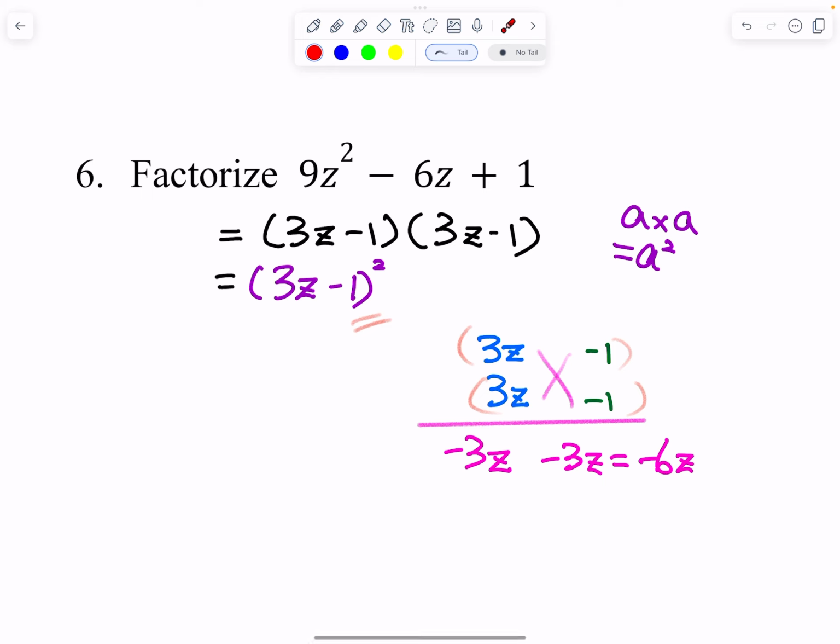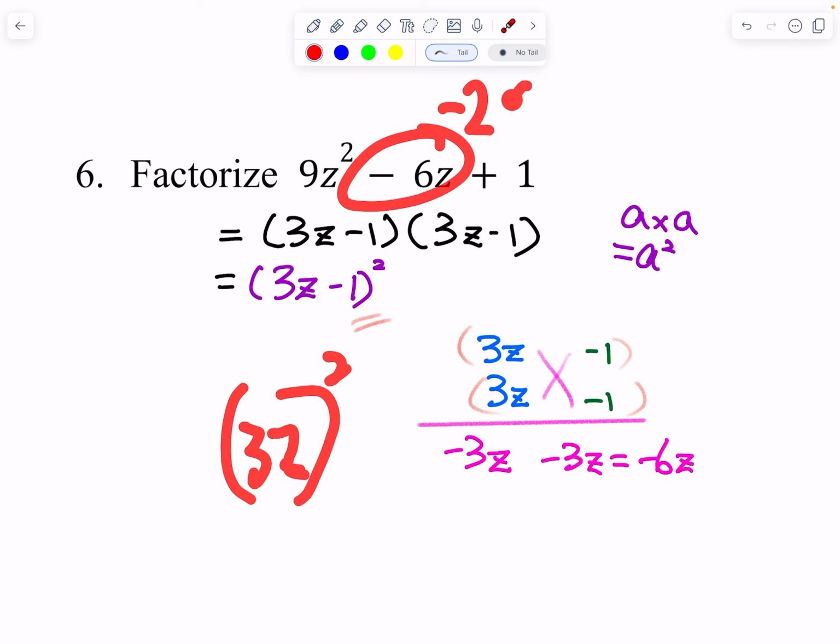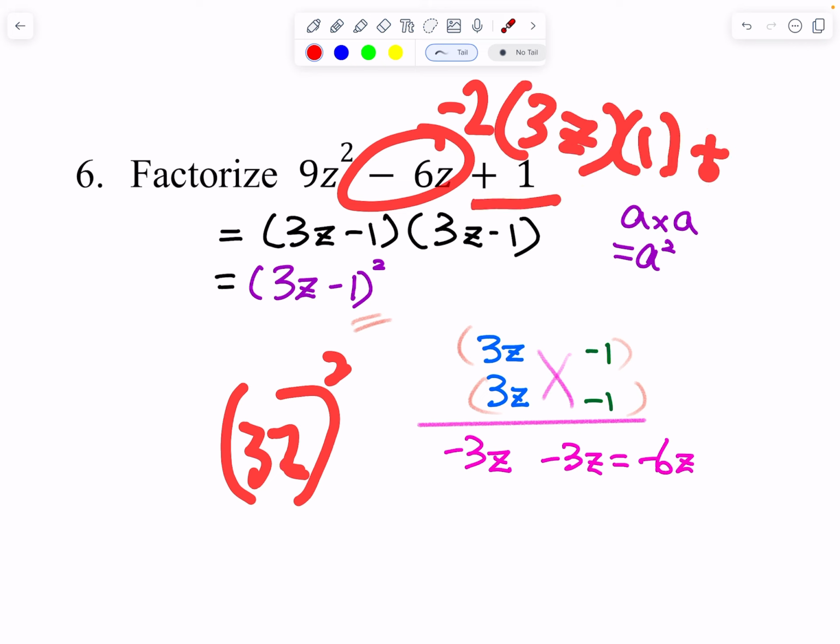Why was I saying Form 2 could do this as well? Because it's an identity. A minus B squared. This is 3z squared. This is negative 2 times 3z times 1. This is 1 squared. So it's a squared minus 2ab plus b squared.